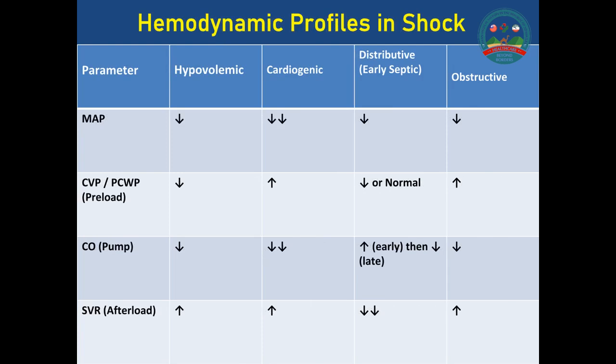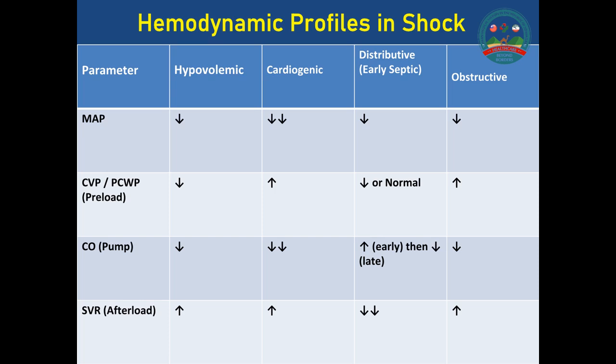In hypovolemic shock, the mean arterial pressure decreases, the CVP or preload decreases, the cardiac output decreases, and the systemic vascular resistance increases. In cardiogenic shock, the mean arterial pressure drops significantly, the CVP or preload increases, the cardiac output drops severely, and the systemic vascular resistance increases.